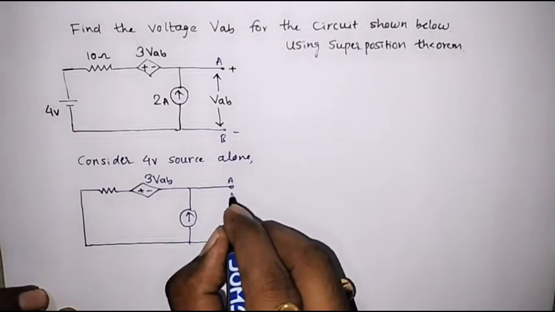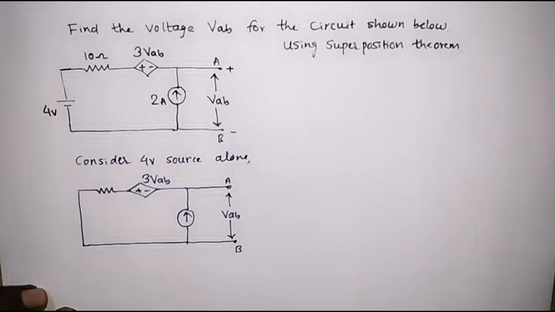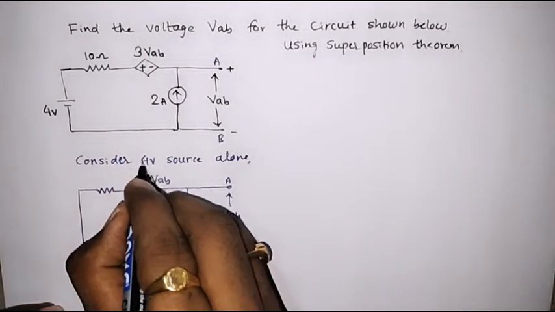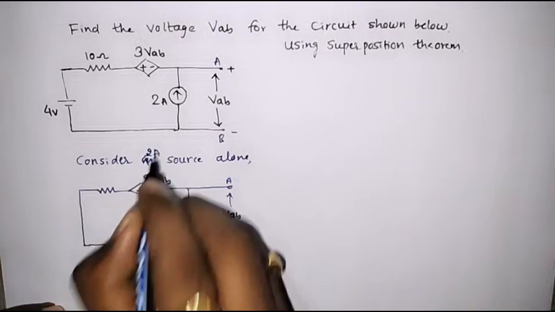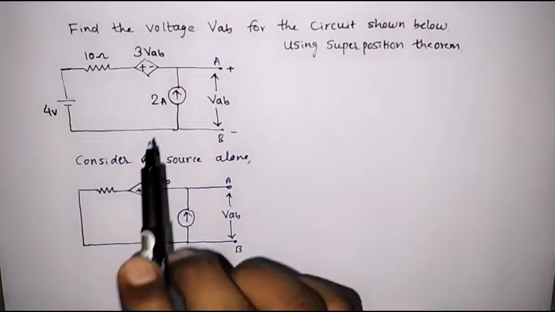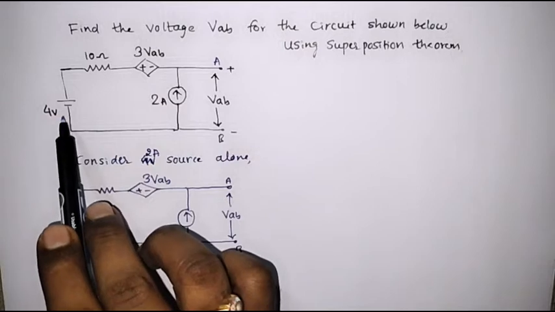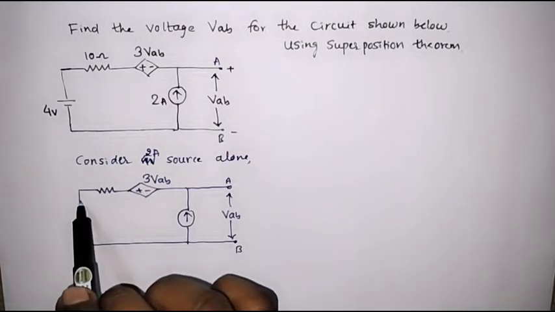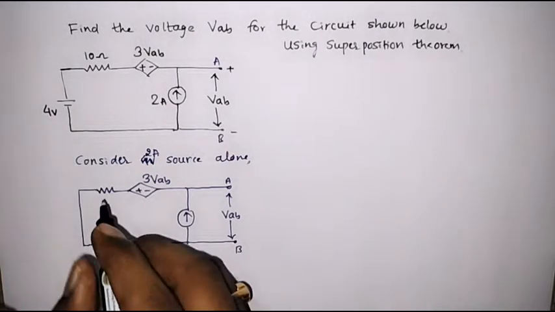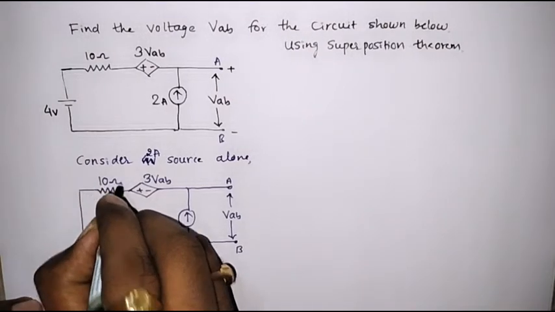One, we will consider the 2 amp source alone. So when we consider the 2 amp source alone, the voltage source is short circuited. Here it is short circuited. The value of this resistor is 10 ohm.